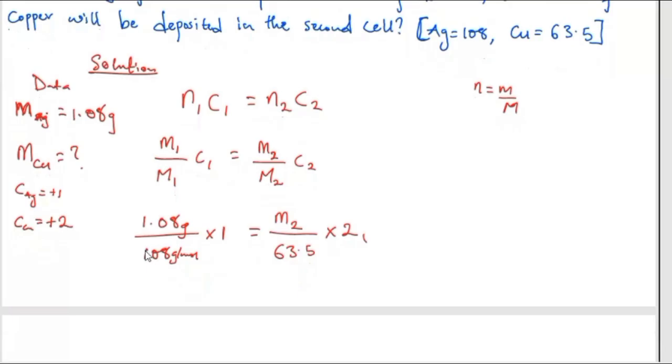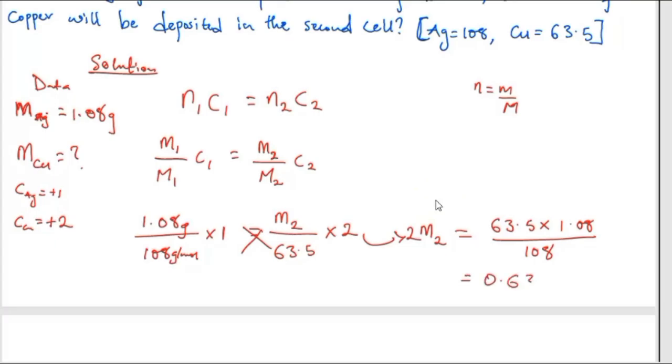So from here we can solve and divide. So this will now lead us to 2 times M2. So we have 2M2 is equal to, if you cross multiply, 63.5 times 1.08 divided by 108. And what would that give us? Basically that will give us 0.635.